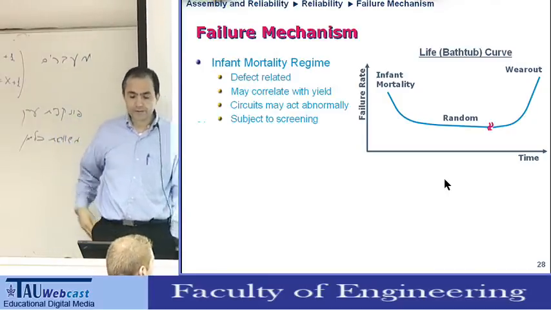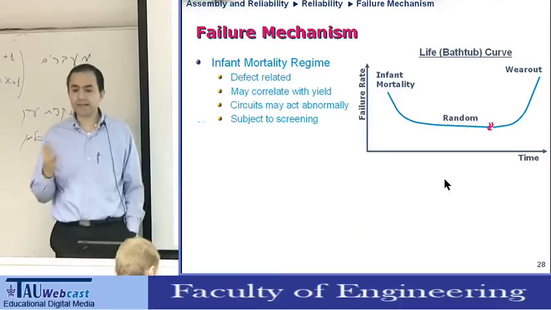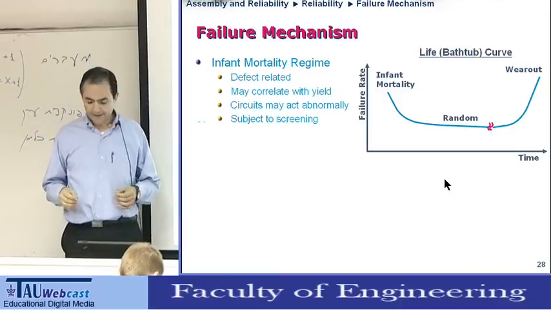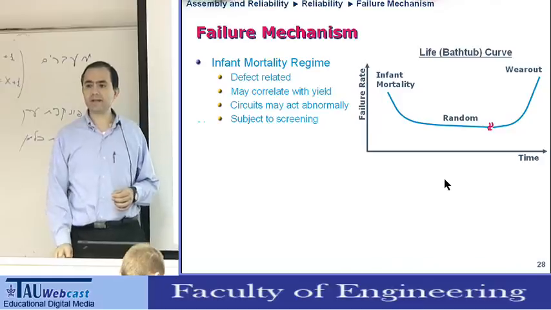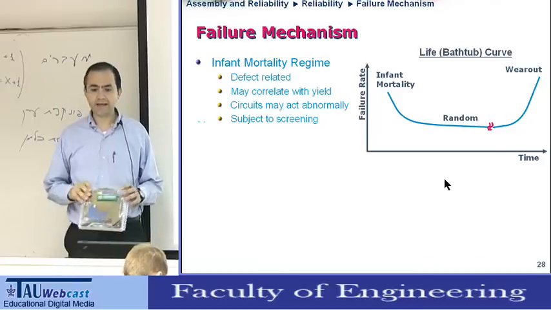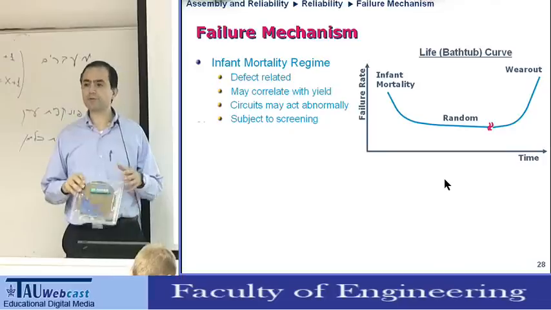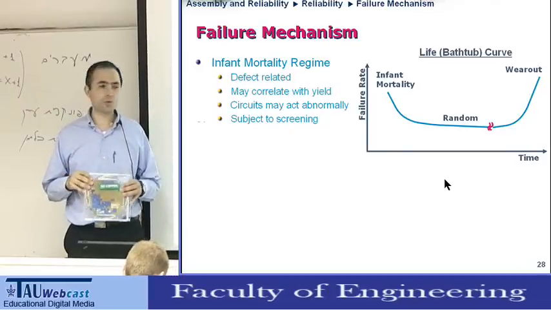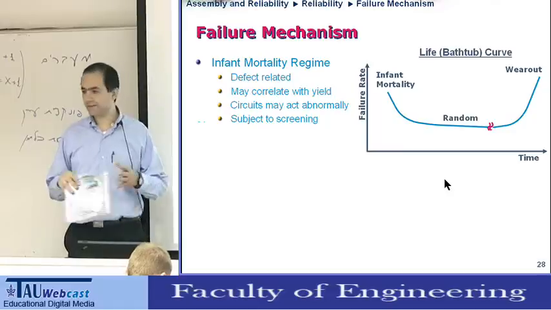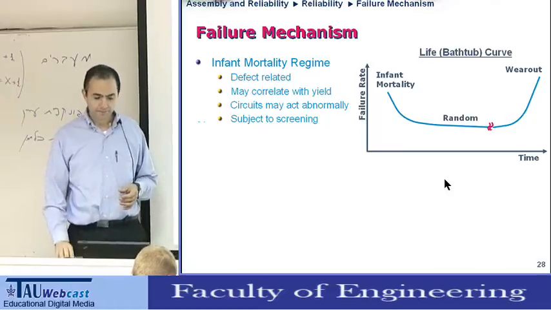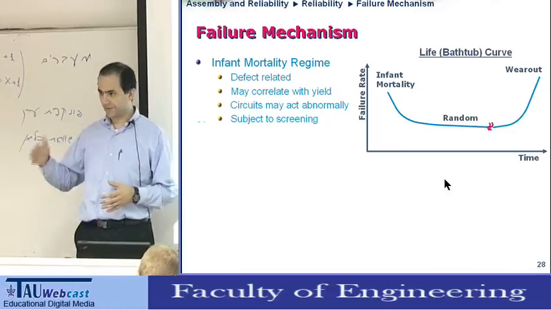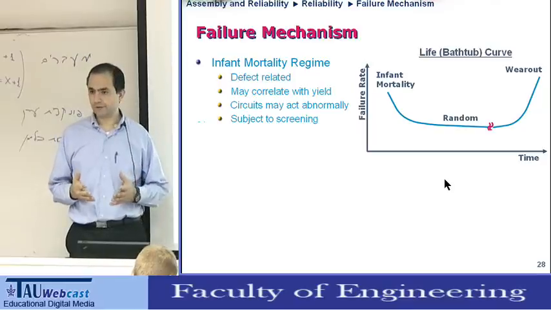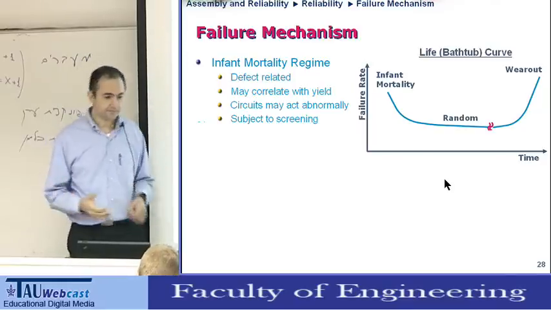First, I want to distinguish between quality and reliability. If the problem is a test hole, and if we improve the testing, we can find the problem, it's a quality issue. Maybe the testing was not good enough. If it fails after some time, if it fails at the customer's hands, it is a reliability problem.